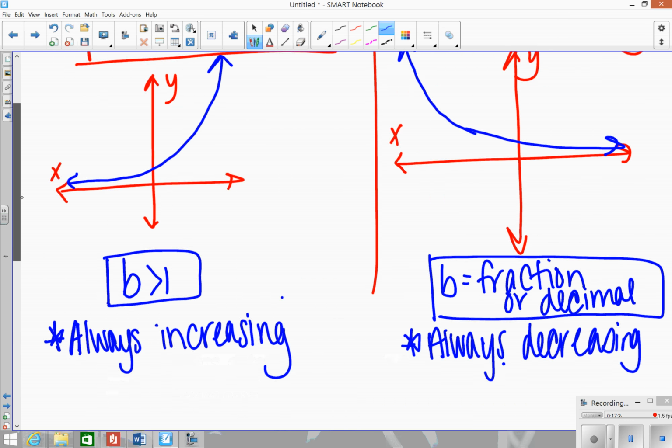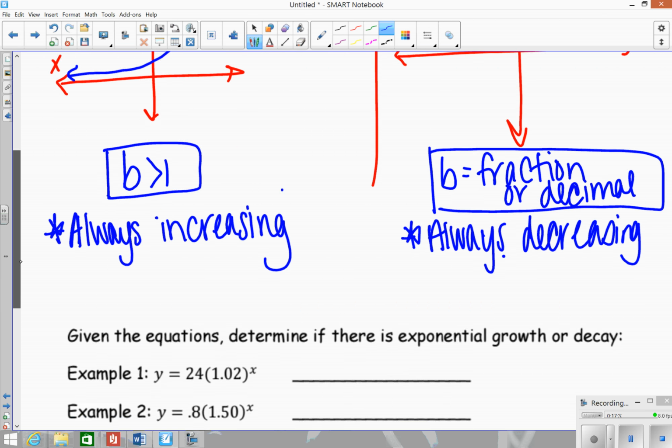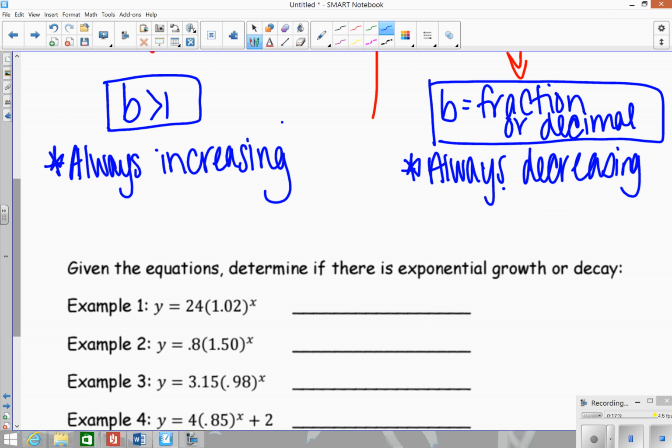So we know that from the graph, you can easily tell growth means it's increasing, decay means it's decreasing. But what if you're given an equation? How do you tell? If you look below, if I'm given these equations, I want to decide if these are growth or decay. So basically what we have to look at are these two rules right here.